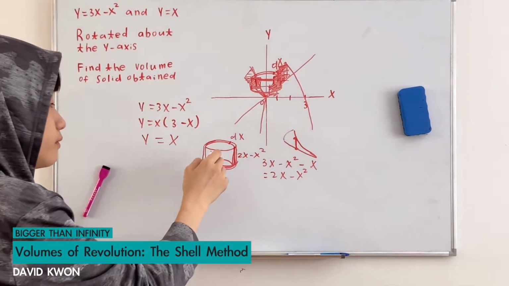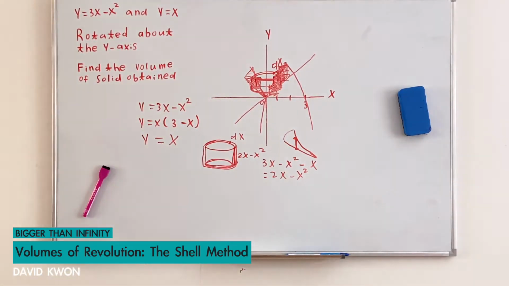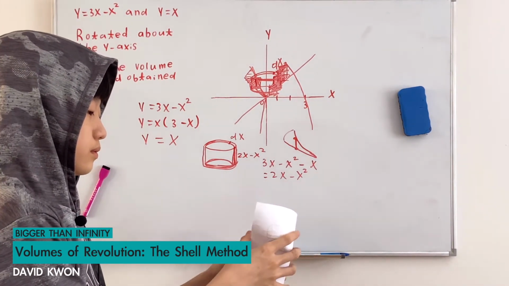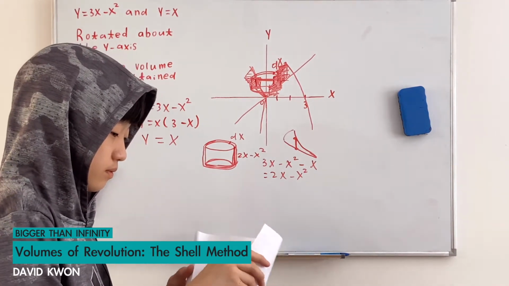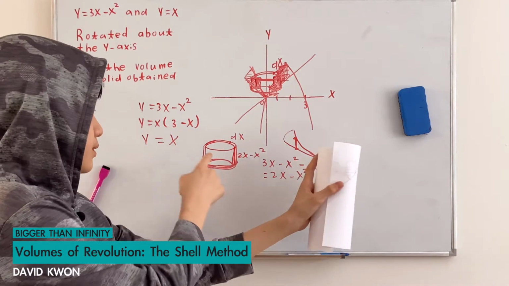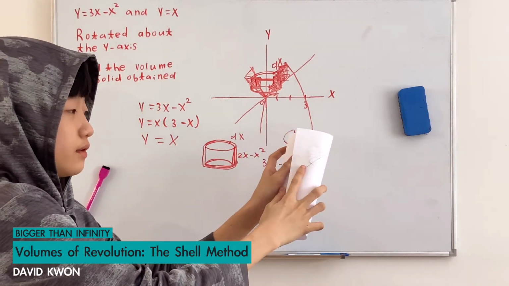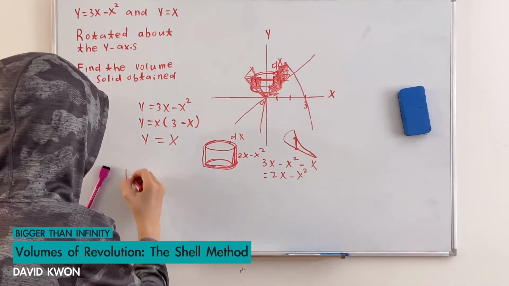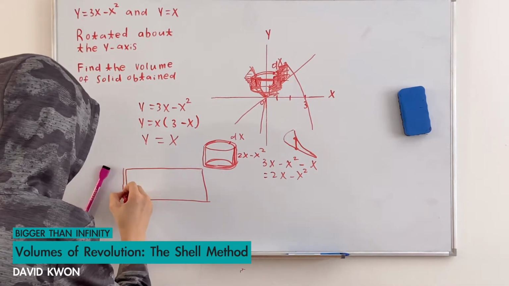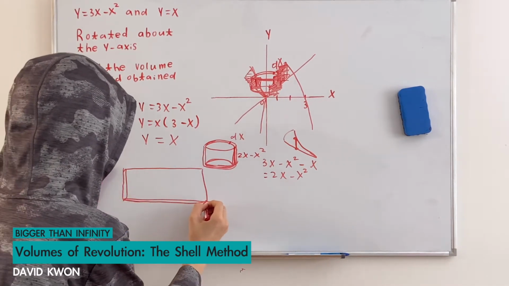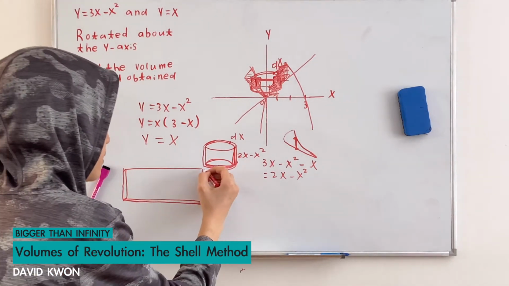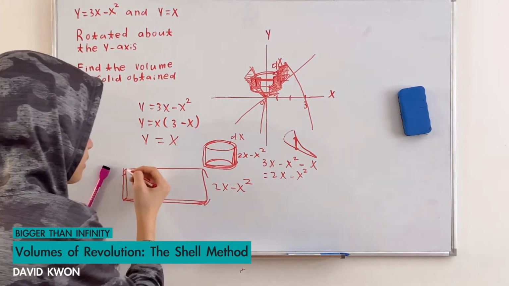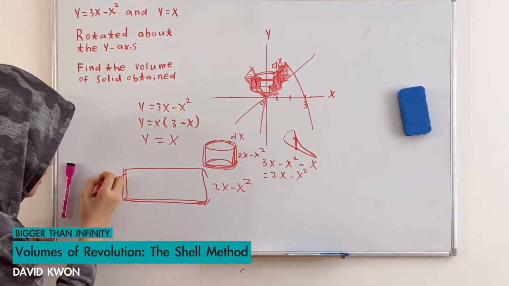It's really hard to see, so if I have a paper like this, I will cut it in half and then open it like this. So this is something like what we have. We mentioned that this side is 2x minus x squared, and this very narrow thickness is dx.